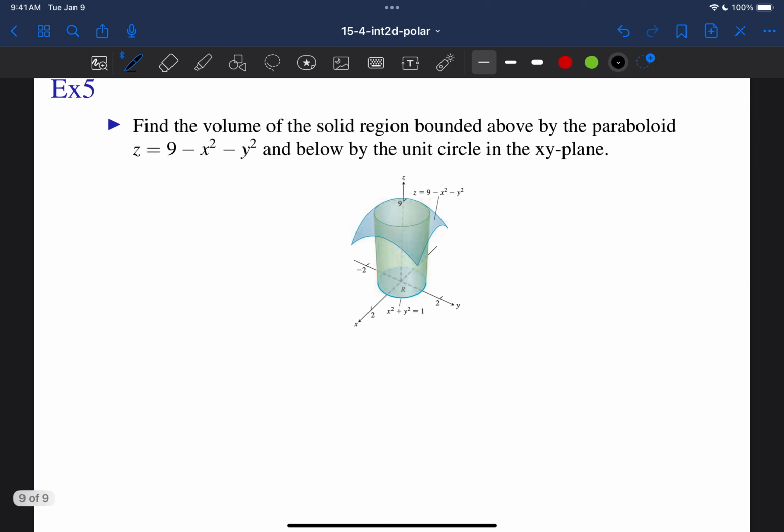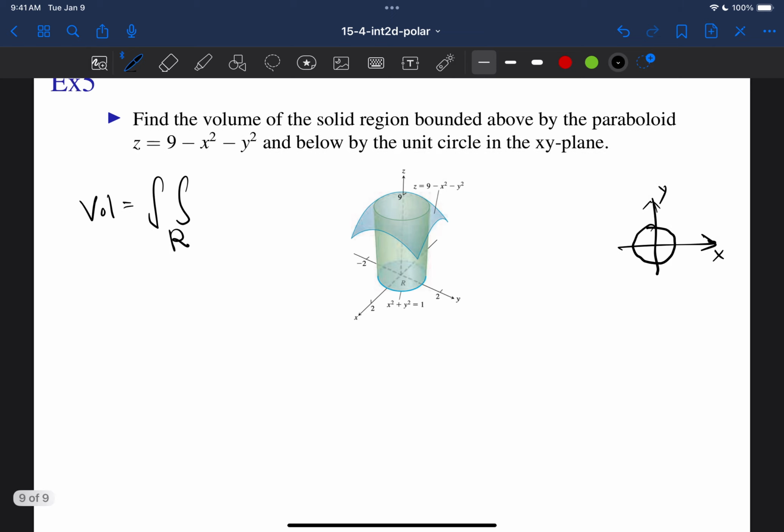So the volume is the double integral over the region, the unit circle. The domain we're talking about is the unit circle in x and y, and z is the height, and dx dy. So this is the volume formula for a double integral.